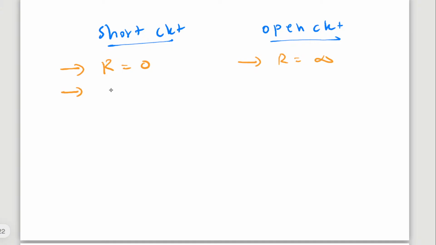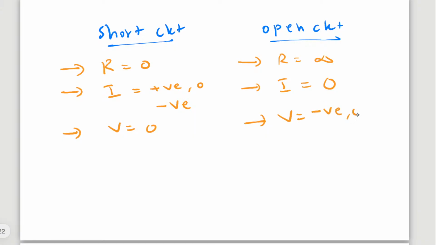In case of short circuit, current can be positive, 0, negative. In case of open circuit, current is 0. Then voltage is 0 in case of short circuit. Voltage is either negative, 0 or positive in case of open circuit. These are the 4 points one has to remember for short circuit and open circuit.